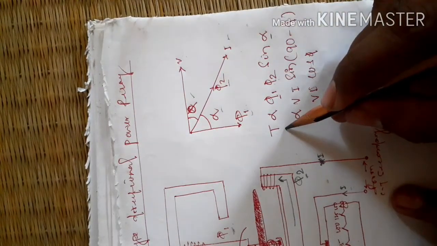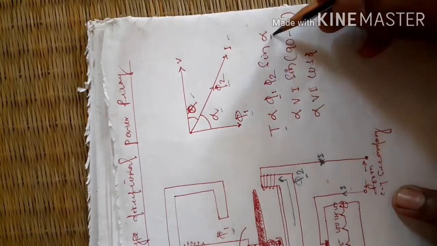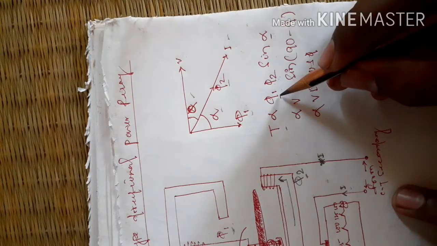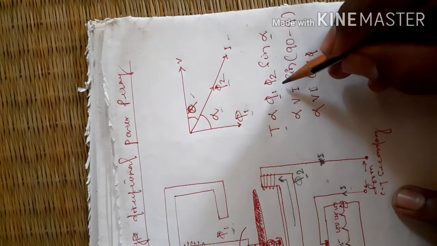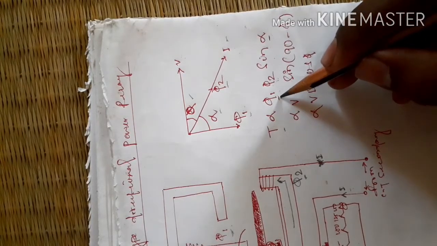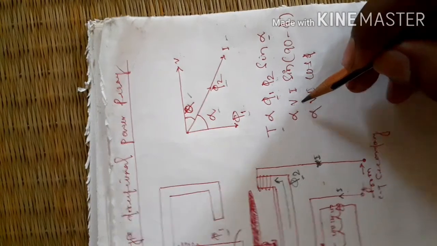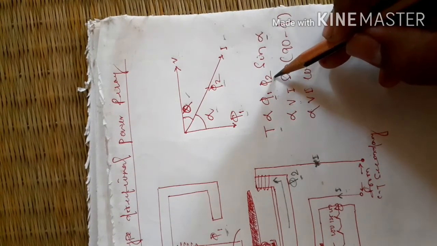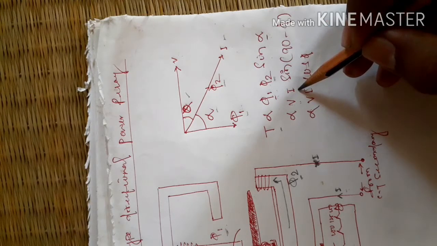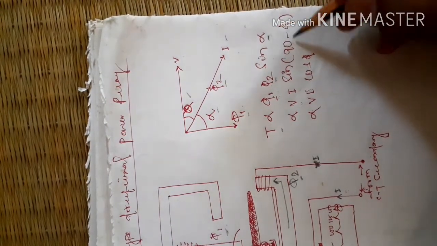The operating torque, as discussed above, is directly proportional to phi 1 phi 2 sin alpha, means the flux induced due to PT and the flux induced due to CT. Flux phi 1 is directly proportional to supply voltage V. Similarly, flux phi 2 is directly proportional to current, means current from the CT secondary, and alpha can be written as 90 degrees minus phi.